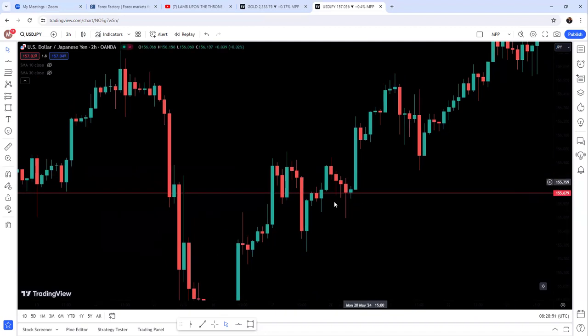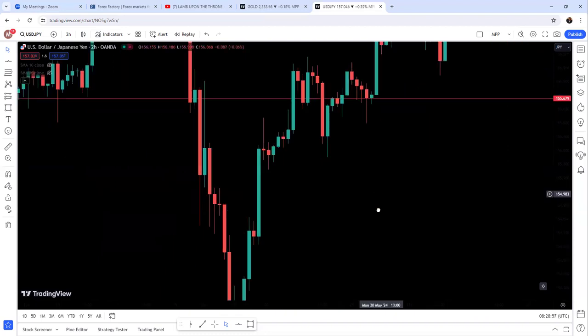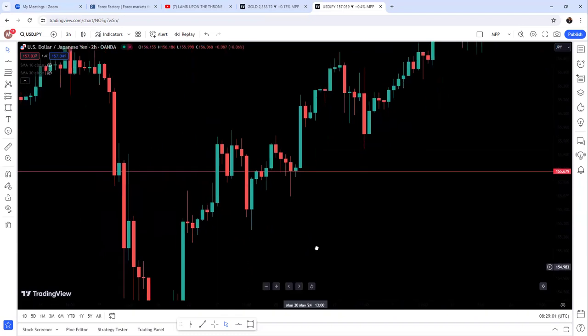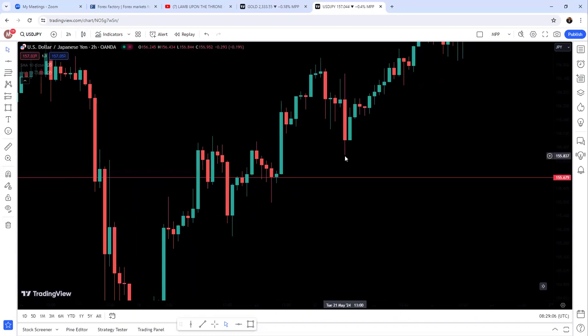We're going to focus on halt and reverse. Maybe we'll focus on the bullish halt and reverse first. And the characteristic obviously is that candle that halted, it was going in one direction and it basically halted, it stopped. It's almost as though something stopped it.